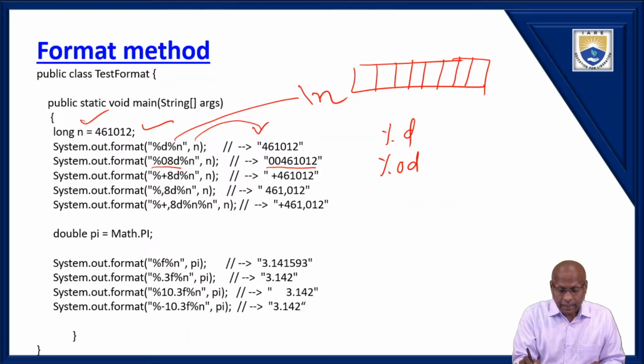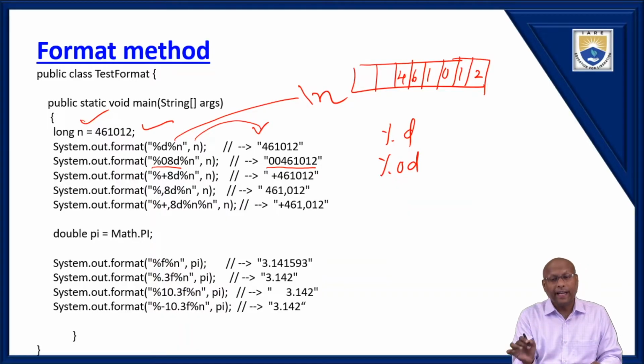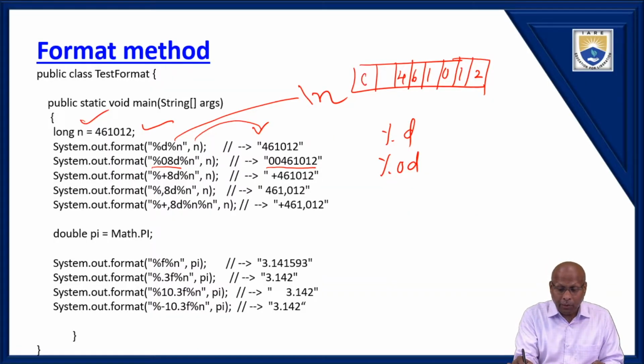But the value is what? 4, 6, 1, 0, 1, 2. So out of 8, 2 are still remaining, meaning 2 are vacant. This vacant place will be filled with 0. That's why the output has 0, 0 in front.